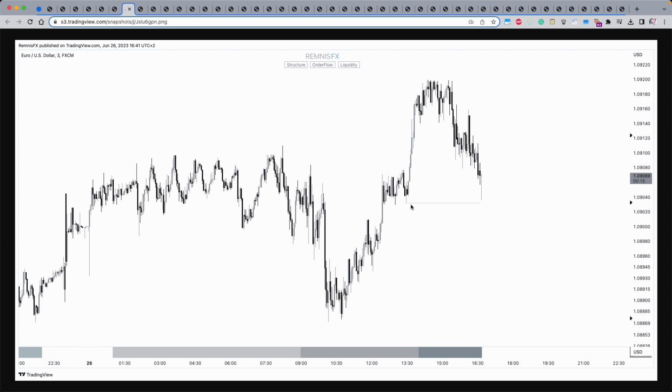Even though this here is internal inducement, remember, the actual 15-minute time frame inducement sits here. So this single leg from the 15-minute time frame is basically this internal structure.